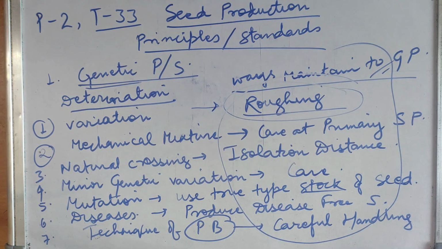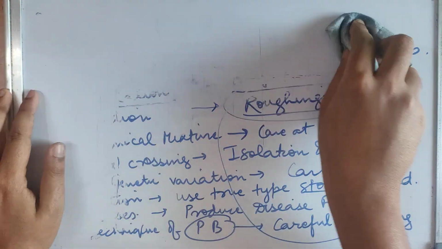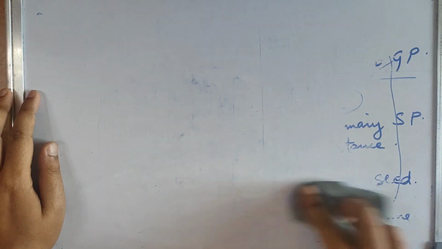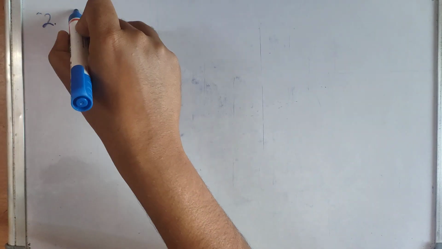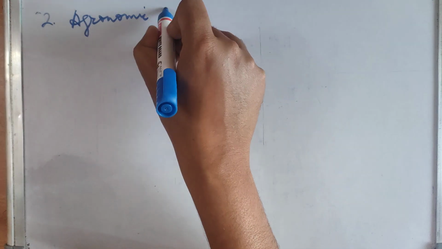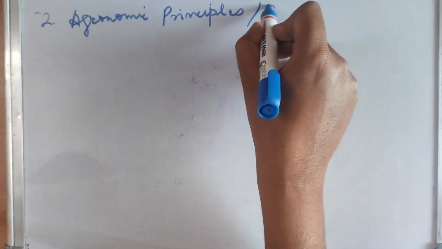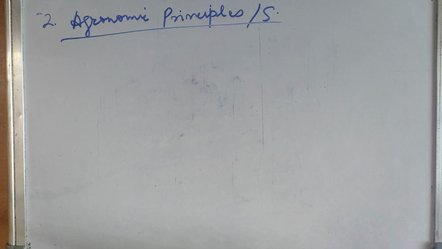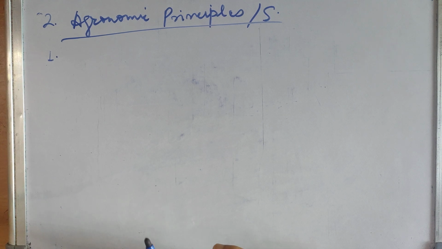Moving to number 2, that is agronomic principles and standards. What we need to do, we need to select suitable agroclimatic condition.